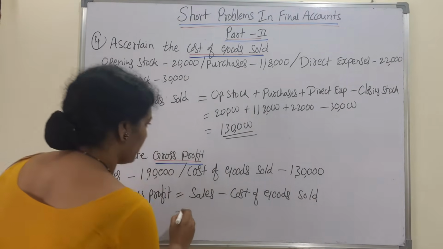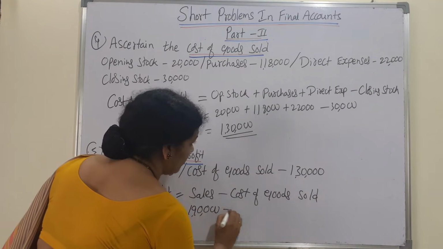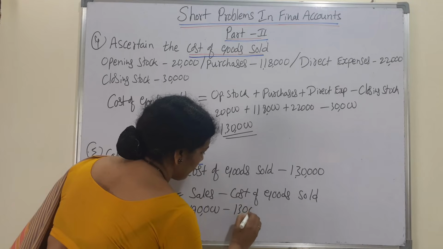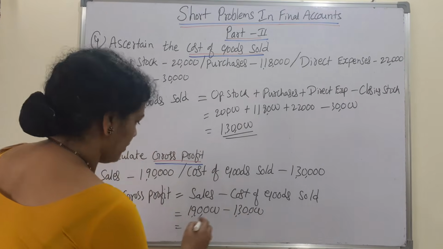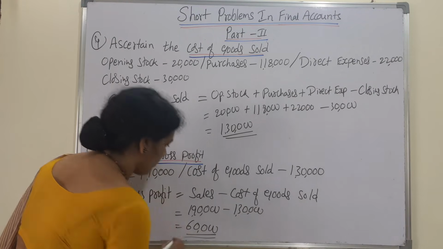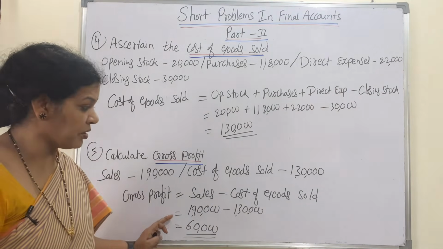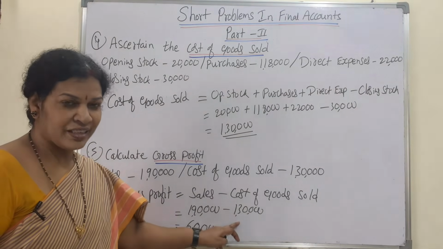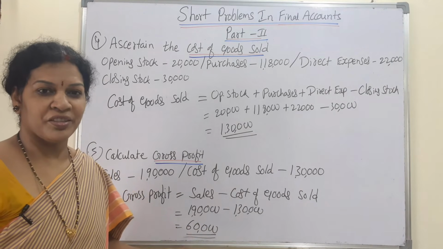Sales are 1,90,000 minus 1,30,000. So we are getting 60,000. 60,000 is the gross profit. I have sold it for 1,90,000, and the exact cost is 1,30,000. Automatically the difference is the gross profit.